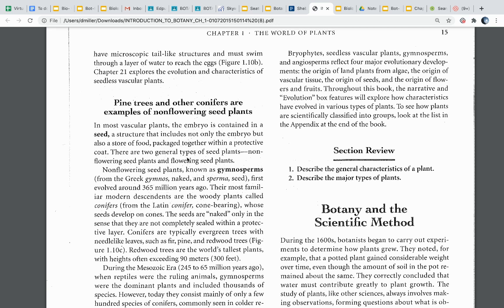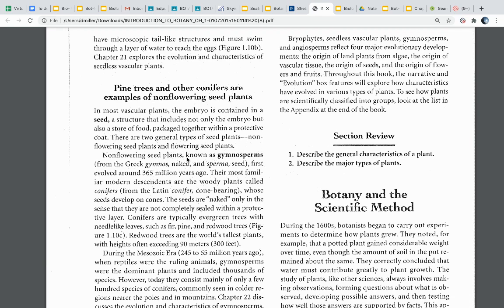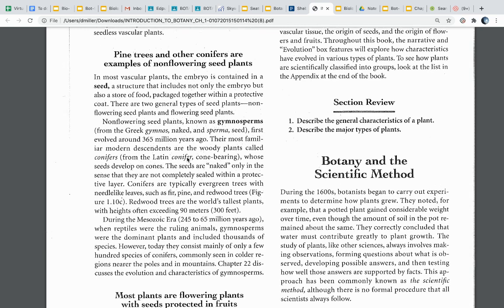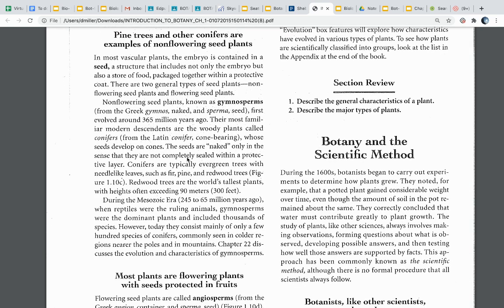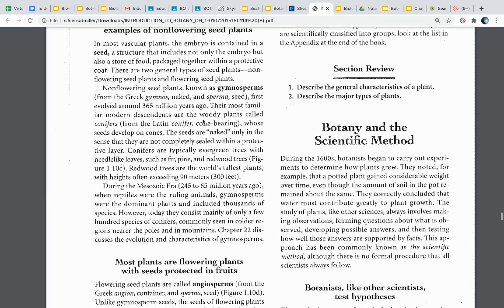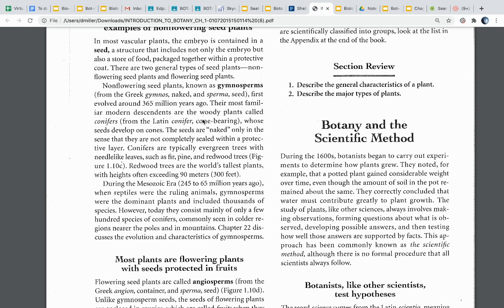There are two general types of seed plants: non-flowering seed plants and flowering seed plants. Non-flowering seed plants, known as gymnosperms, from the Greek gymnos for naked and sperma for seed, first evolved around 365 million years ago. Their most familiar modern descendants are the woody plants, called conifers, from the Latin conifer, for cone-bearing, whose seeds develop on cones.